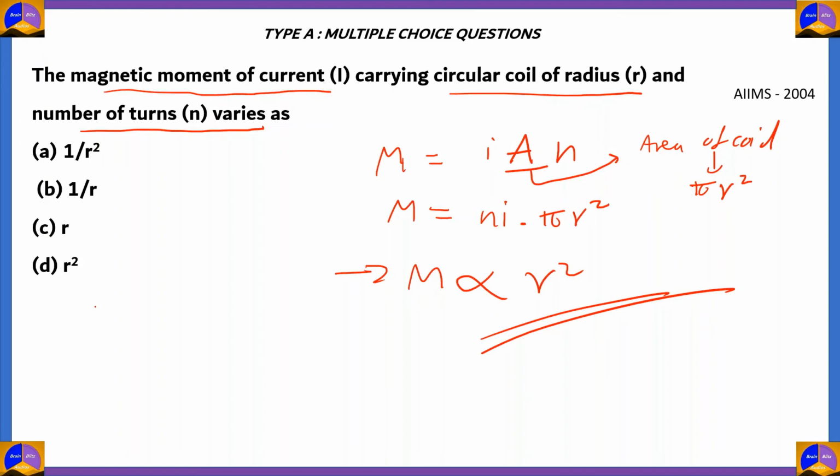So therefore, option D will give you the right option, which is r square. So the magnetic moment is proportional to r square because the formula for magnetic moment is NI times pi r square, where pi r square is the area of the circular coil.